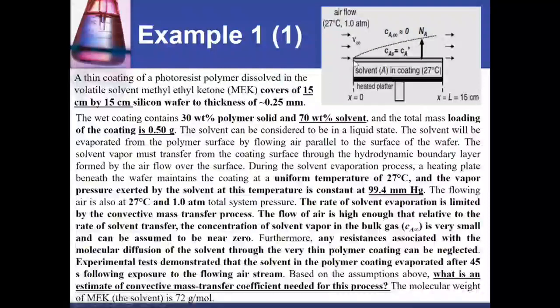And then you have this one like a table where the width and length of the table is 15 centimeters, and it is silicon material. So it's a silicon wafer with length and width 15 times 15, so it's like a square, and the thickness of the coating is 0.25 millimeter.